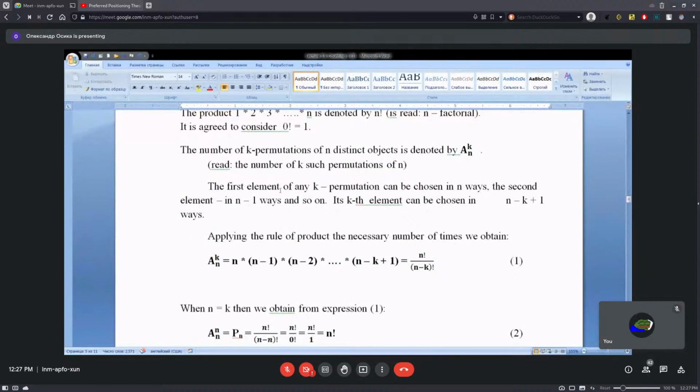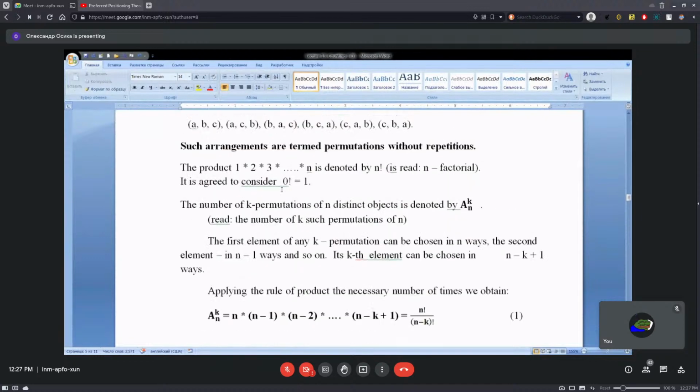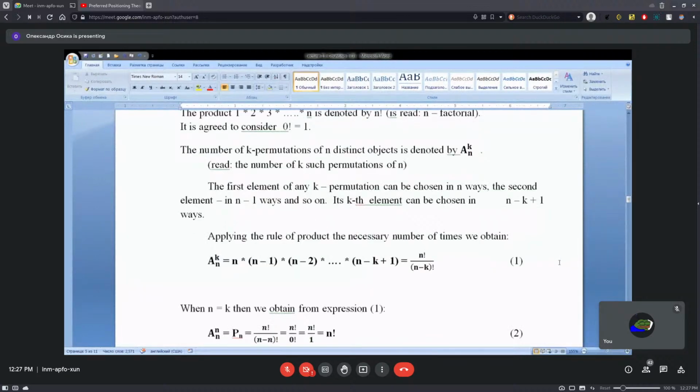The number of k permutations of n. The first element: we have n elements, and the first element of a k permutation can be chosen in n ways, so any element of the original set, n ways. The second element can be chosen in n-1 ways, and so on. The kth element can be chosen in n-k+1 ways.